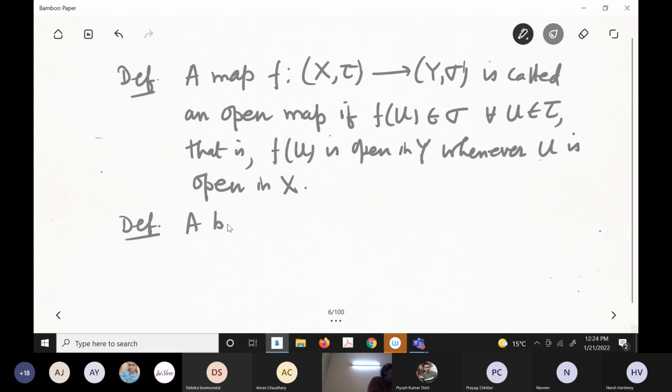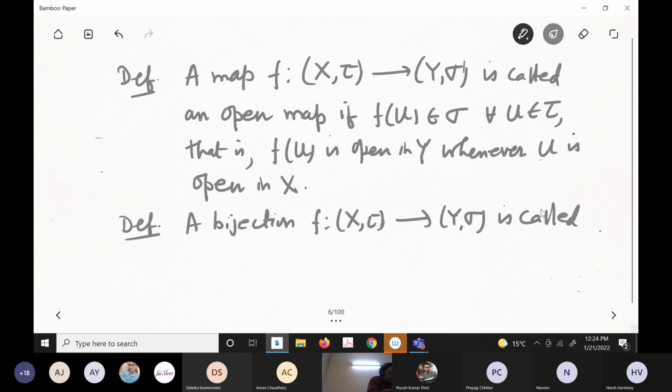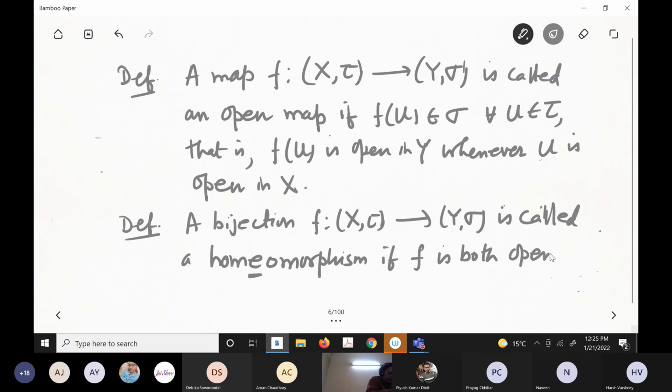A bijection F from (X, tau) to (Y, sigma) is called a homeomorphism, be careful, don't forget to put the E, if F is both open and continuous.